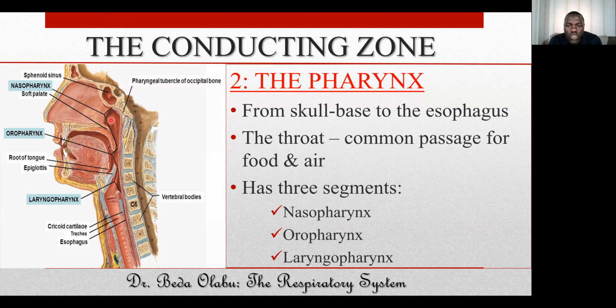The Eustachian tube is also known as the auditory tube. The auditory tube connects the nasopharynx to the middle ear. The other name given to the middle ear is the tympanic cavity. So the Eustachian tube connects the nasopharynx to the tympanic cavity.